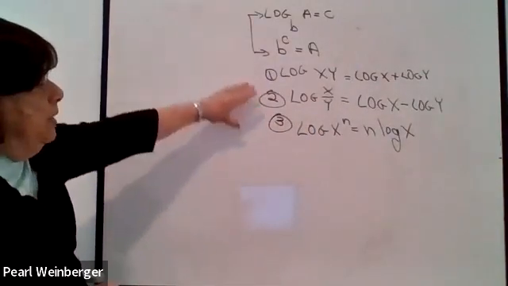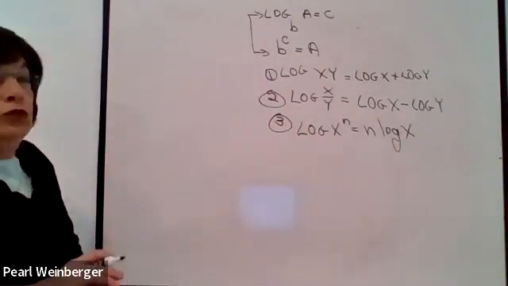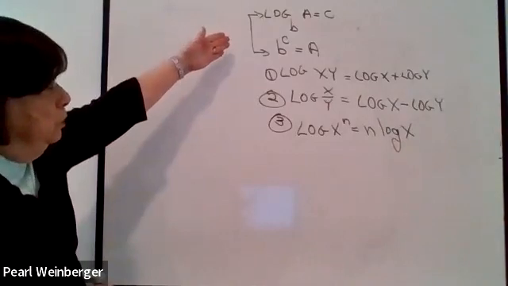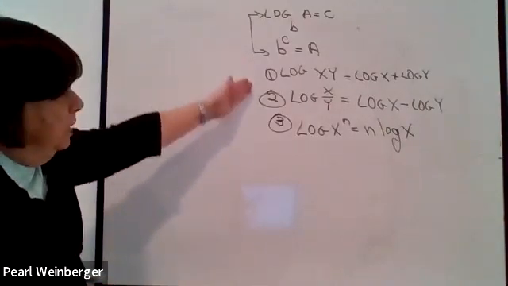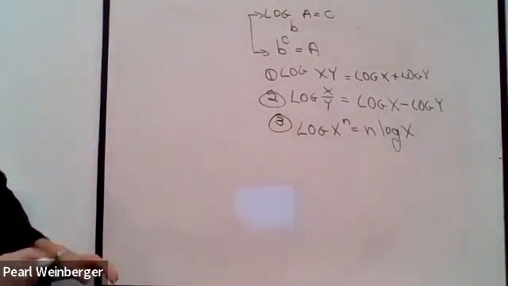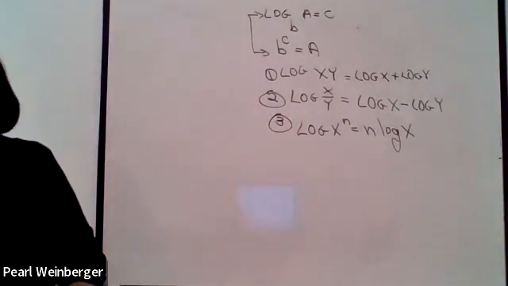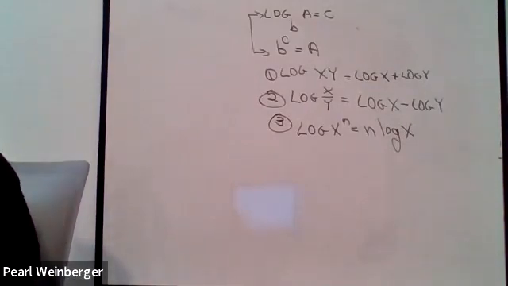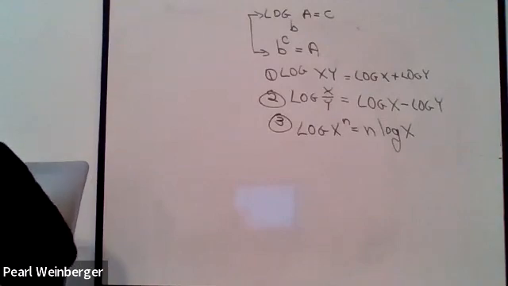So these are your basic rules that have to do with logs, switching from log form to exponential form, and the 3 properties of logs, or the rules of logarithms, as I call them. So how does this work?